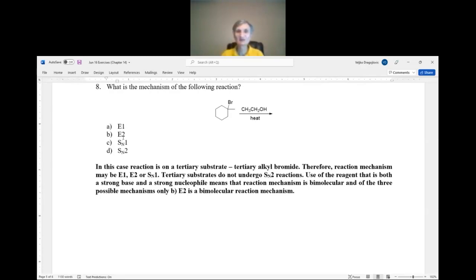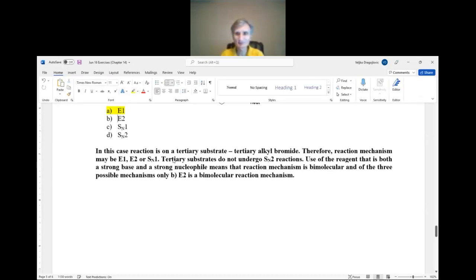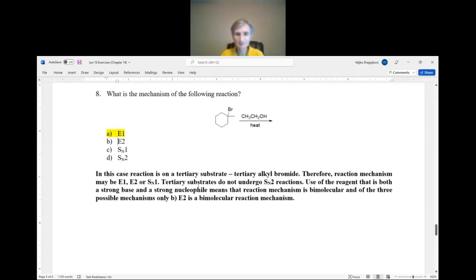And since this is high temperature, then the mechanism is E1. And let me just see it. Yeah, this is not correct. Okay. This is weak.